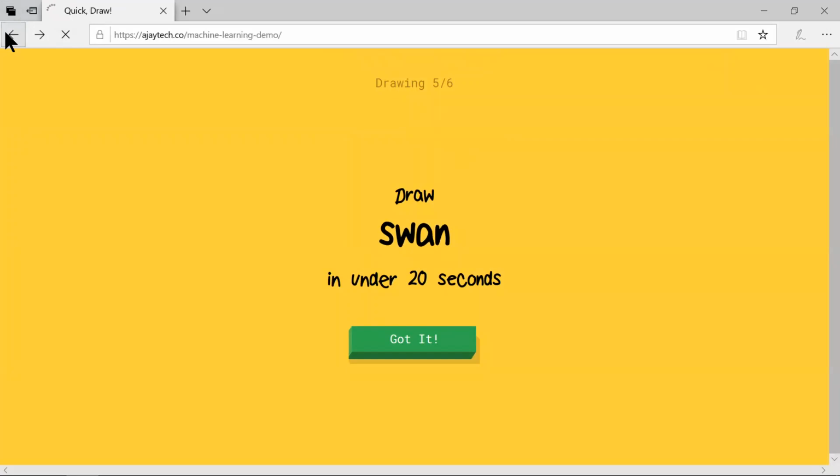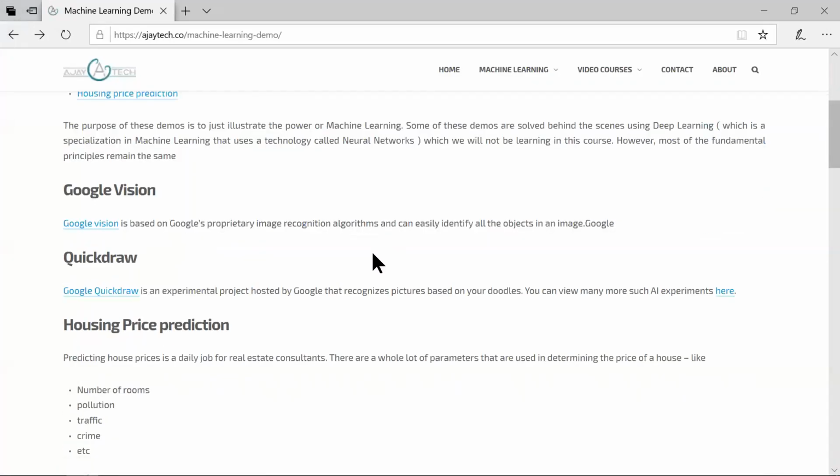So that's Quick Draw. How is it trying to identify that I'm trying to draw a soccer ball? Completely using AI. And if you actually do a couple of those pictures, it will show you all the pictures that somebody else has drawn. Meaning people like me, they have drawn pictures and then they have trained the system.